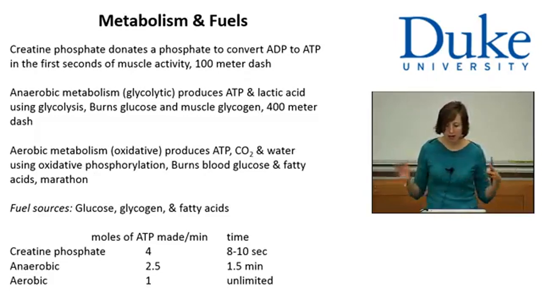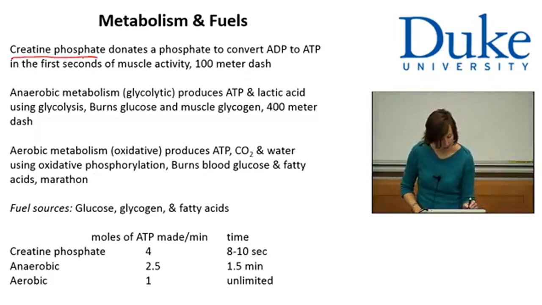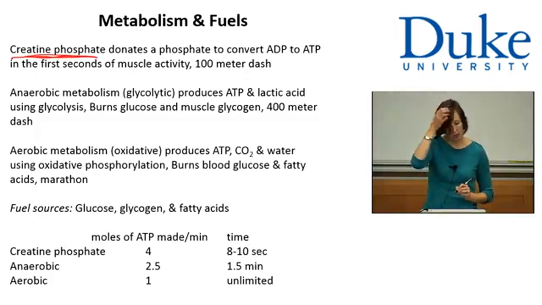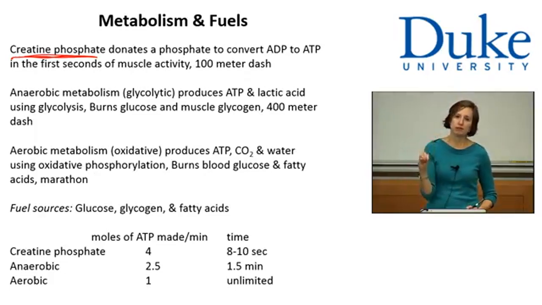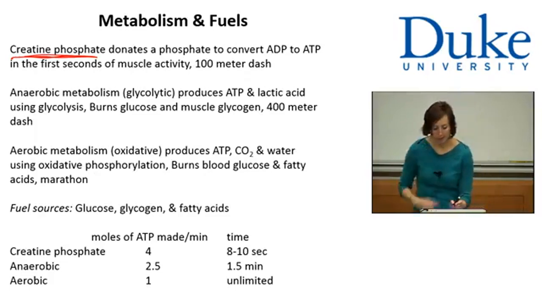So that's not going to be a significant source of ATP. The muscles can also rely on creatine phosphate, which is going to, through the actions of an enzyme, be able to convert ADP to ATP.